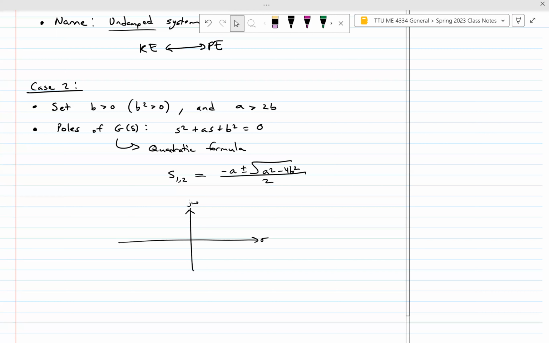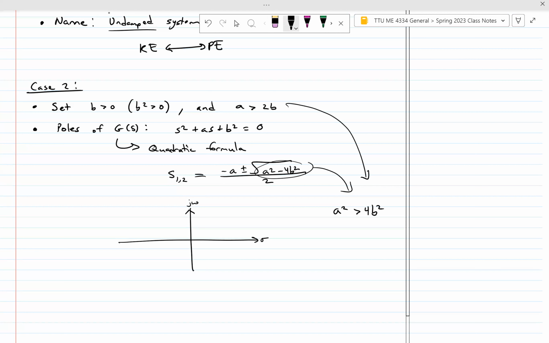A squared is 4. So let's look inside the square root. The square root is the only thing that could generate those imaginary parts and make it a complex number. This part over here is the real part for sure. We know a is greater than 2b. That must mean that a squared must be greater than 4b squared.